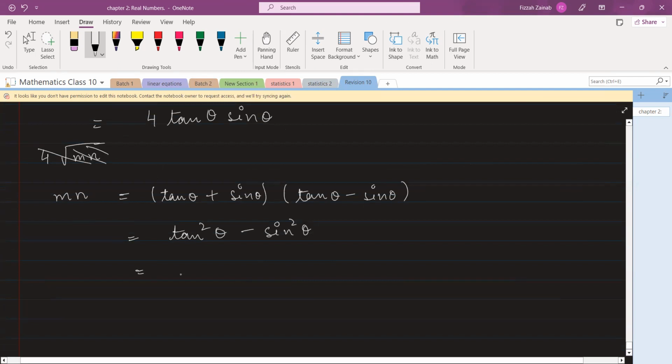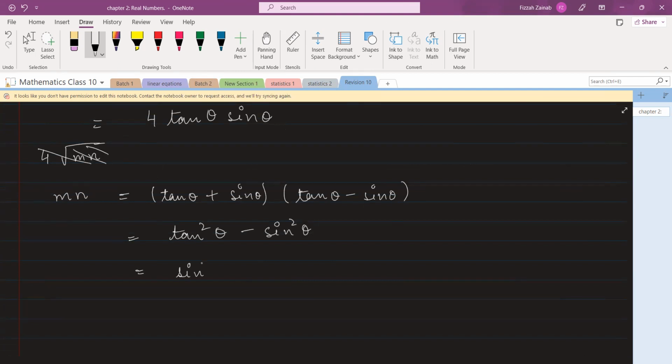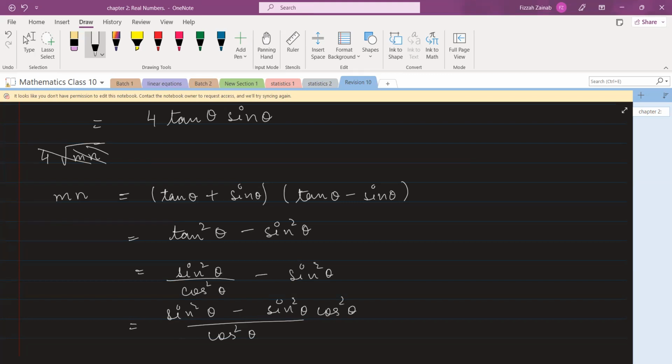We can write it as sine square theta divided by cos square theta minus sine square theta. So let's take LCM now. This is sine square theta minus sine square theta into cos square theta.